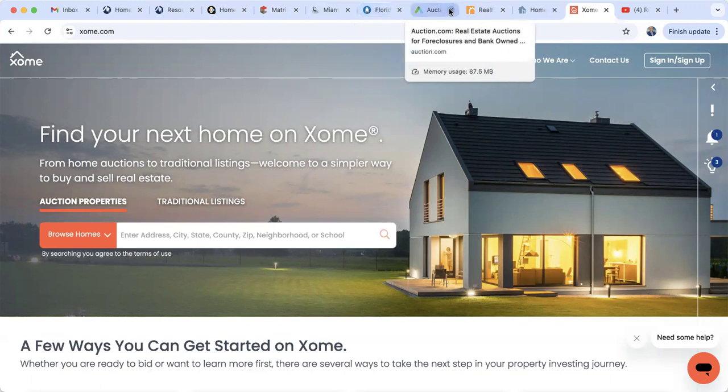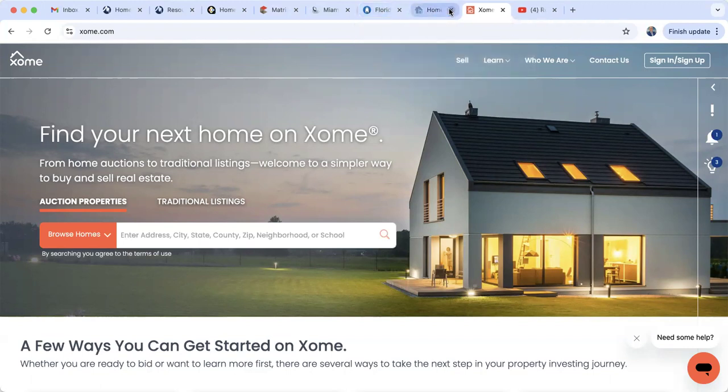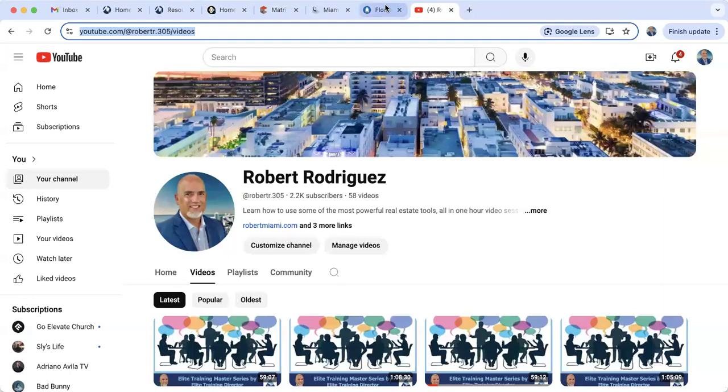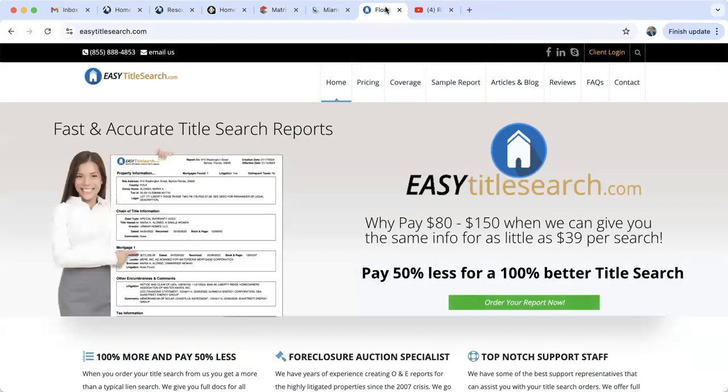Now, guys, when you are looking at investment properties, you may want to check if there are any liens on the property or open permits on a property. Of course, during the purchase of the property, the title company is going to order a lien search, right? But what if you wanted to research yourself prior to making a decision like this?